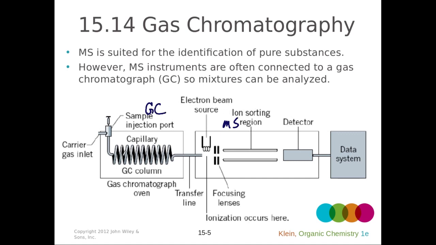We separate the sample into its individual components, and each of those components gives us a different mass spectrum. You could click on each of those components in your gas chromatograph, and that would bring up in the computer its respective mass spectrum.